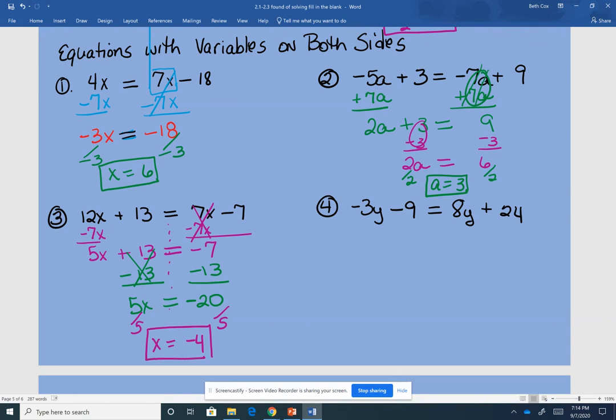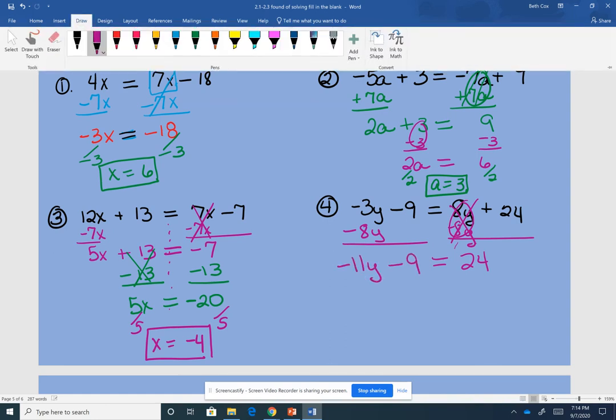Here we go again. I've done 4 in a row just the same. Take this one right here. Subtract 8y, both sides. On the right, it goes away, and I'm left with the 24. On the left, I get a negative 11y minus 9. And then this looks just like the equations we did before.